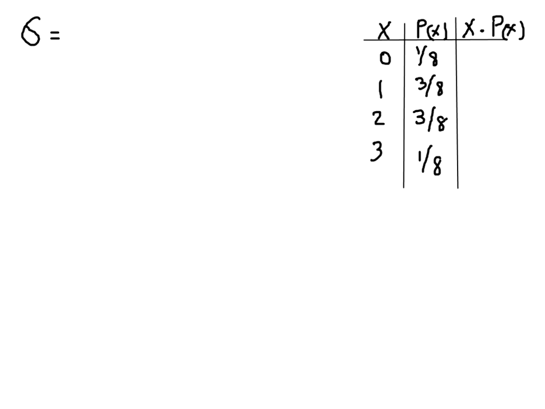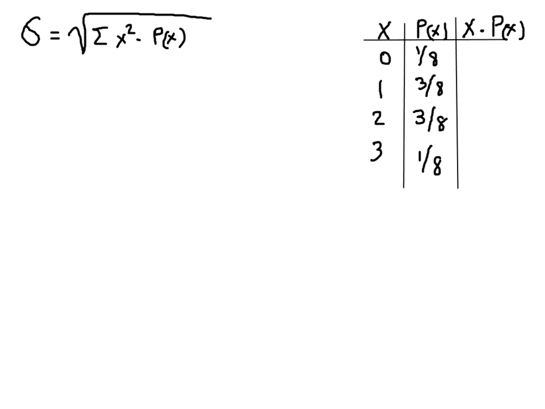Okay, so the standard deviation, the notation for a standard deviation uses the Greek letter sigma, but it kind of looks like a 6 turned a bit on its side. So that's your sigma. So sigma equals the square root, and it's the sum of x squared times its probability.